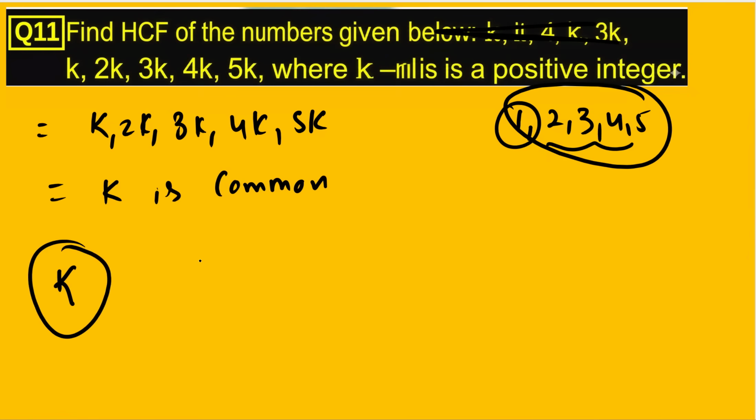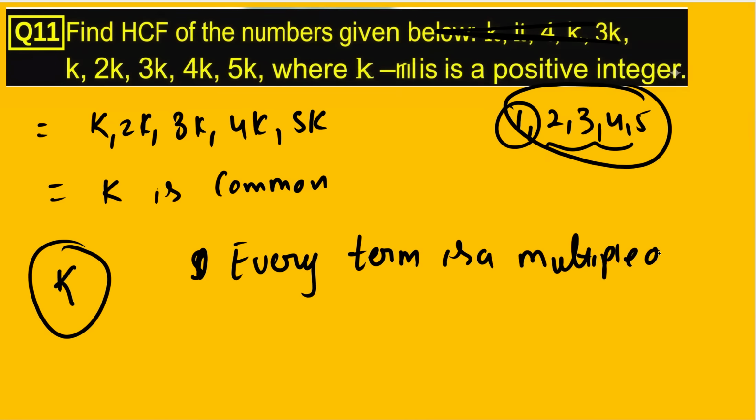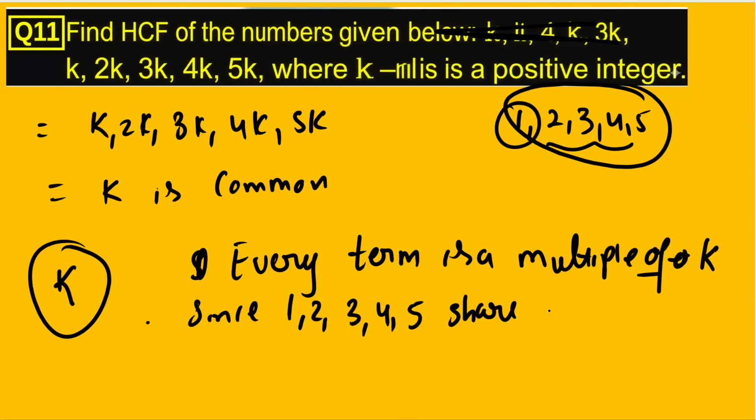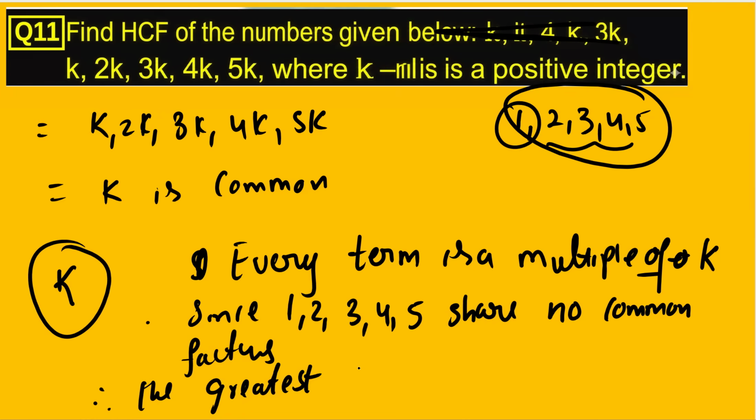In simple words, every term is a multiple of k, and since 1, 2, 3, 4, 5 share no common factors, therefore the greatest common divisor is k.